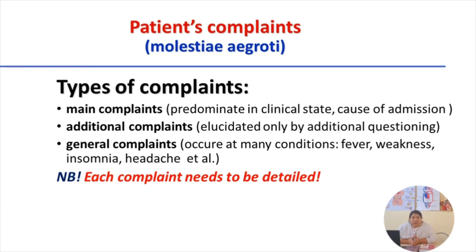Additional complaints: for example, your patient has pneumonia, his main complaint is a cough with production of sputum, and also he has constipation, which is not related to it. That will be an additional complaint.